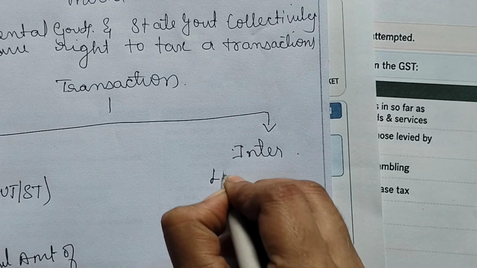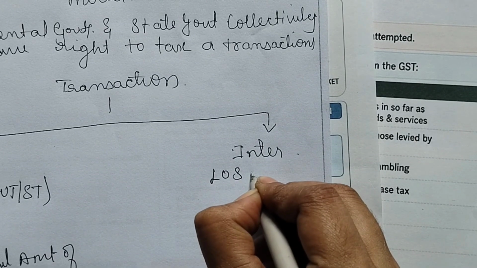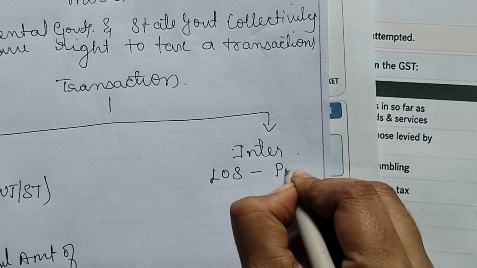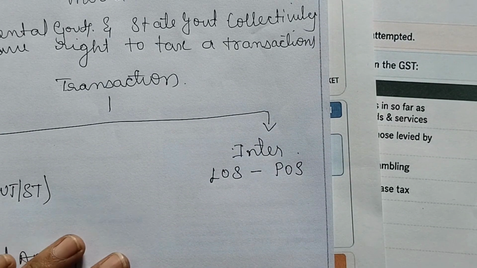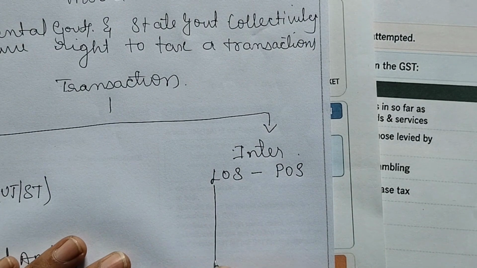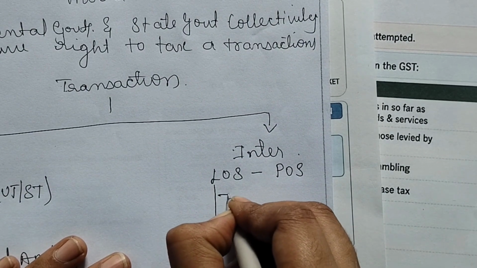Here, in an interstate transaction, the location of supply and place of supply can take place in four forms. What are those?